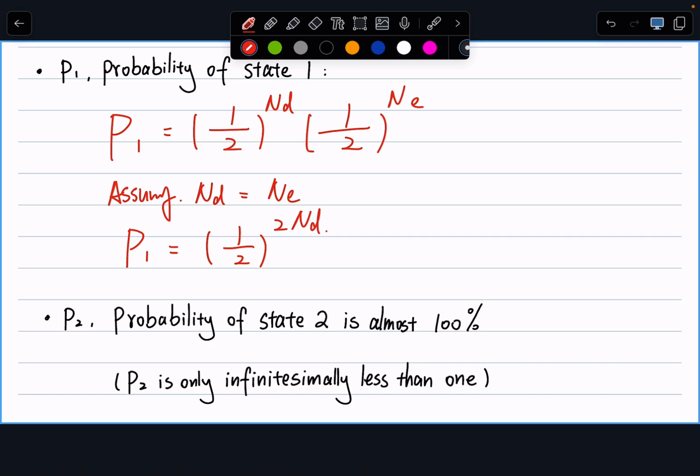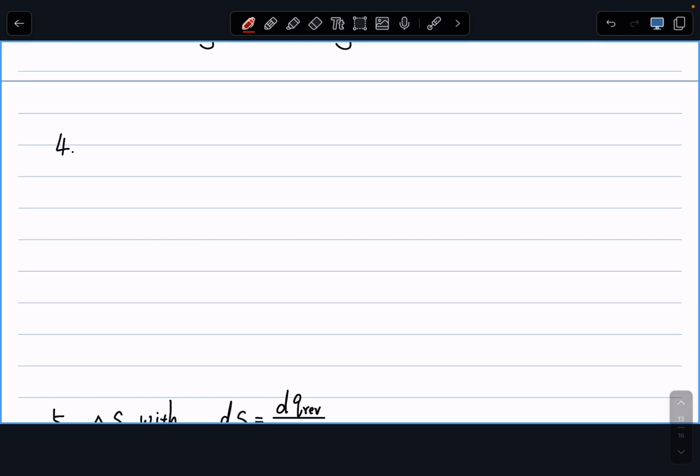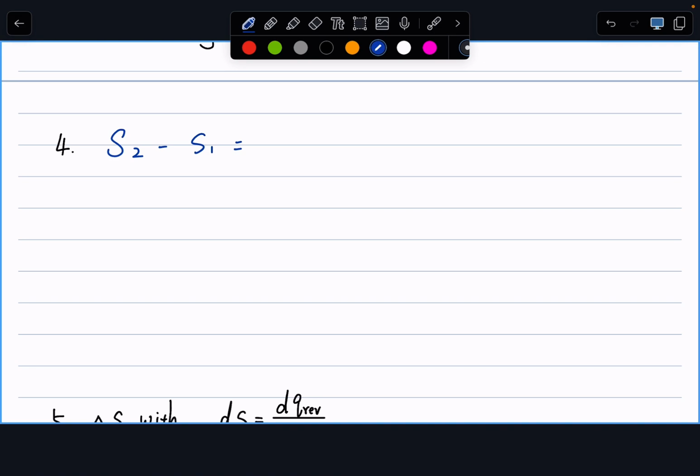And since P2 is 1, we have an expression for our delta S using our probability definition. That is, my delta S is S2 minus S1, which equals k ln P2 over P1. And again, P here is probability, don't misunderstand it. Now we know that P2 equals 1, P1 equals 1/2 to the power of 2ND.